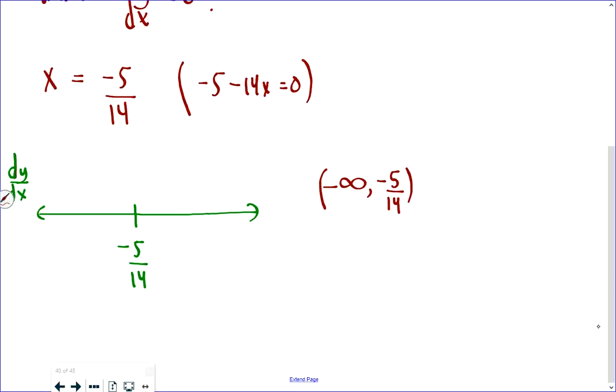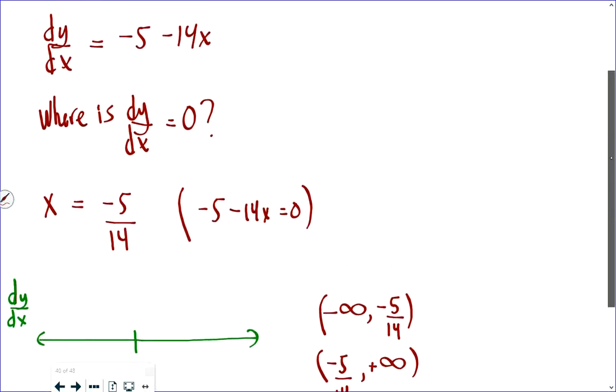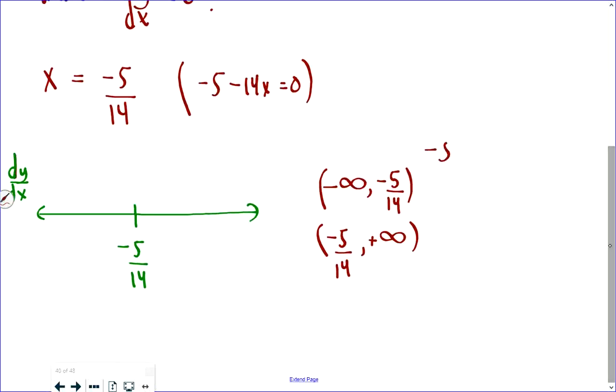So we're looking from negative infinity to negative 5/14, and from negative 5/14 to positive infinity. Across the top we would put all of the factors of the derivative, but there's only one factor: negative 5 minus 14x. So this is the derivative. I'm going to add a second column anyway, and I'll get to that in a second.